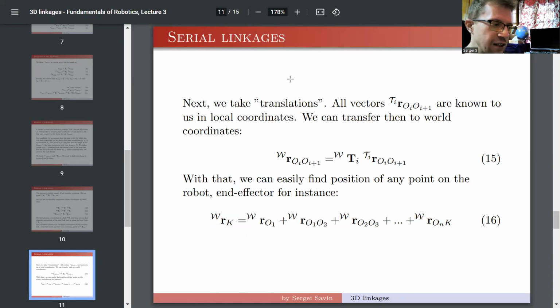We often say that a different frame gives you a rotation and translation.